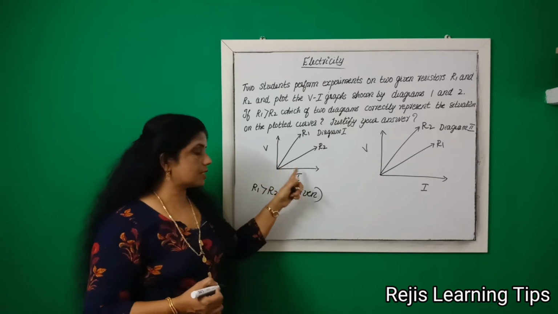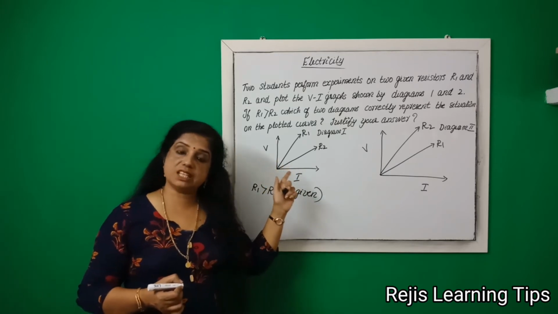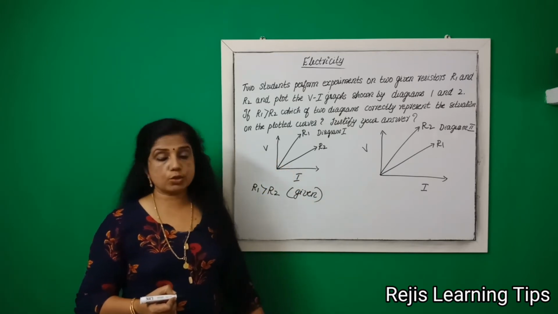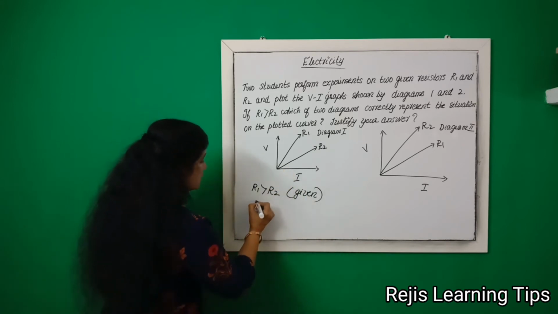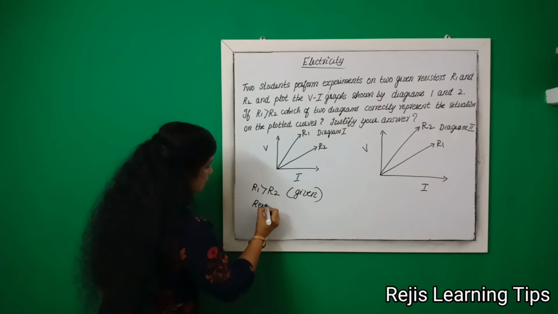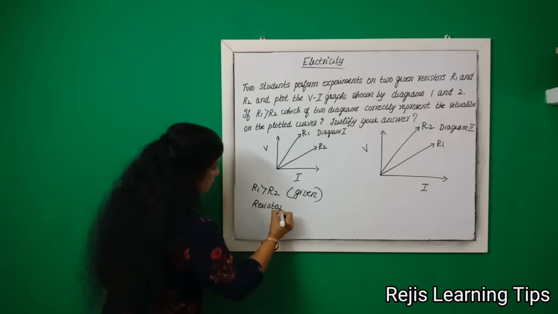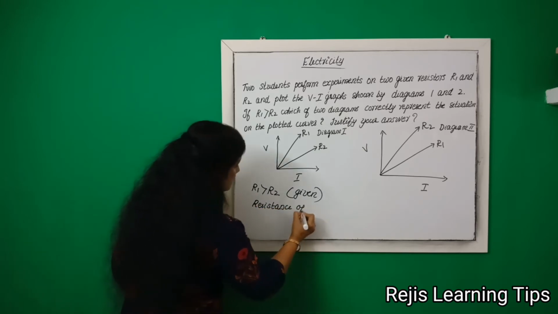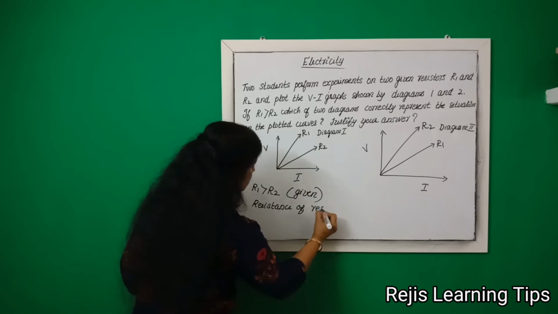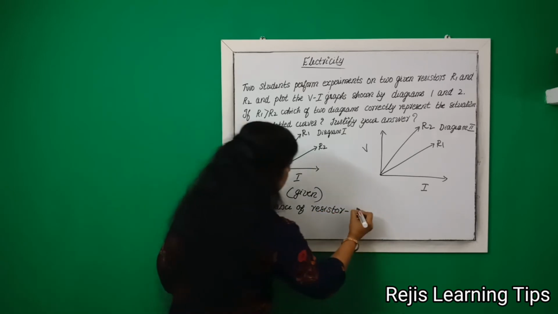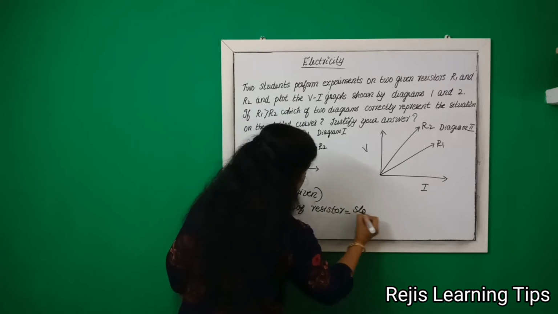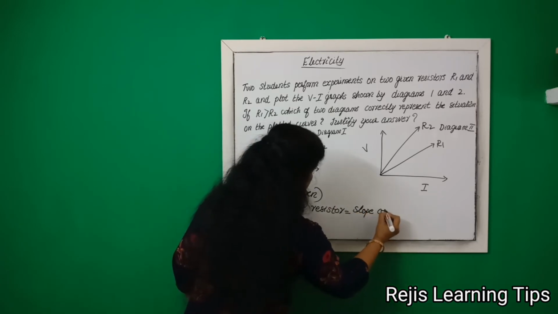Resistance of the resistor can be found from this graph by using the slope of the VI graph. So resistance of the resistor is equal to the slope of the VI graph.